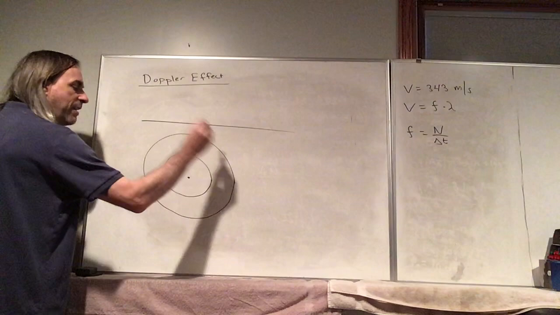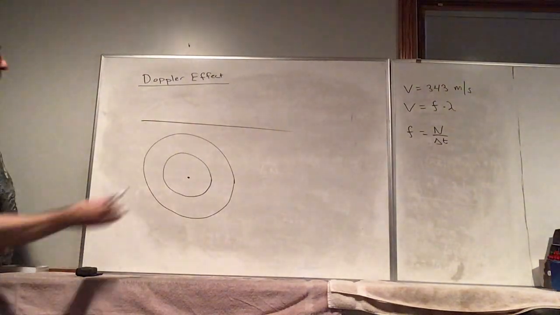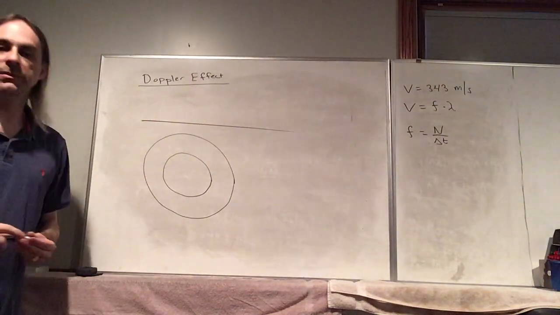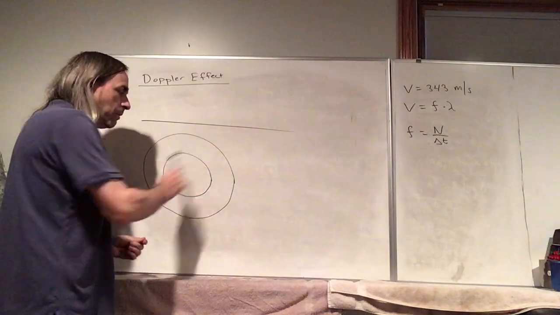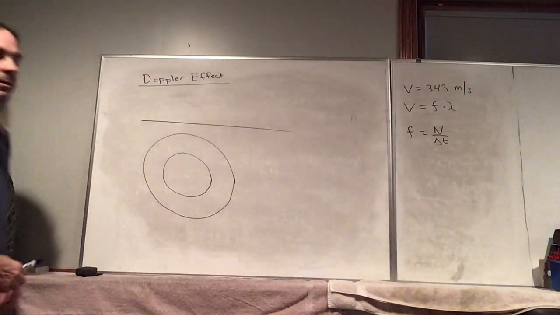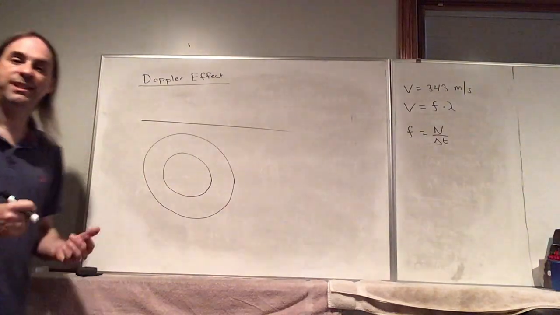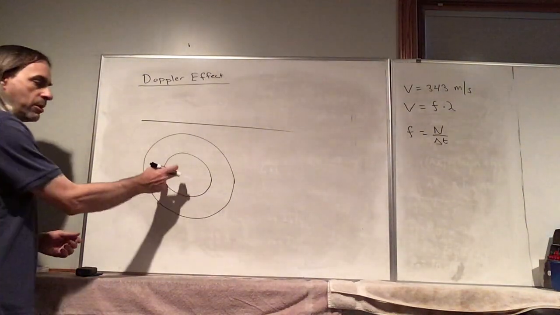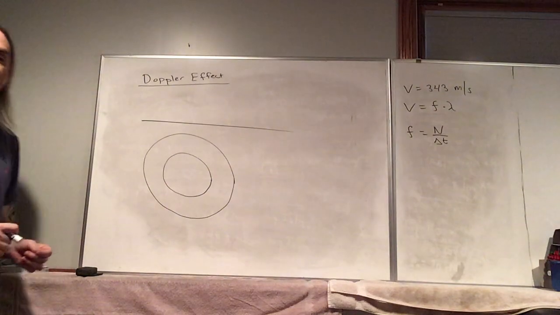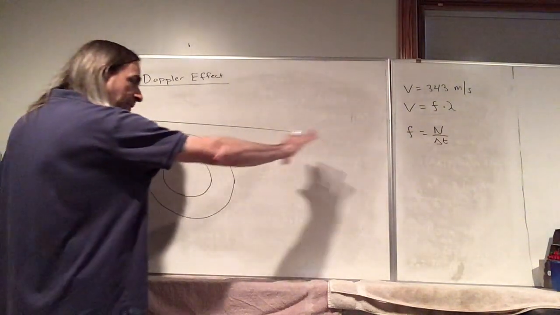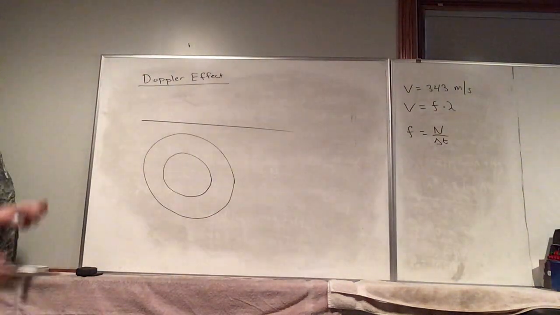Let me erase this dot in the middle. Say we see wavefronts that look like this. If you could take a picture and actually see them, this is what they would look like at one moment in time, but they're moving radially outwards.